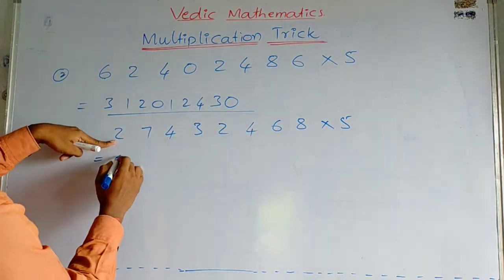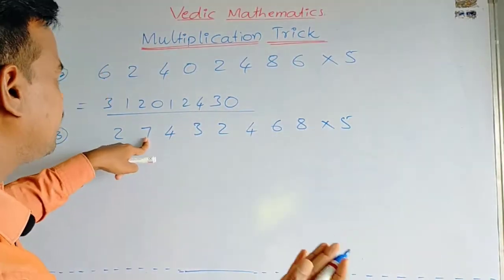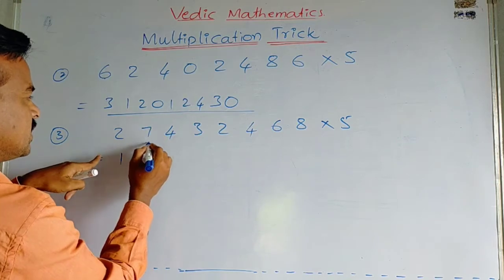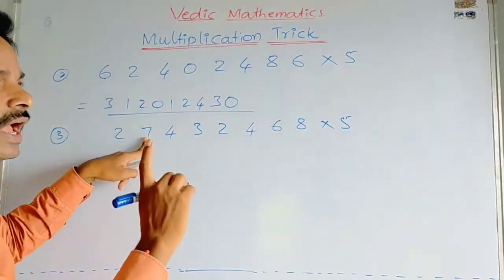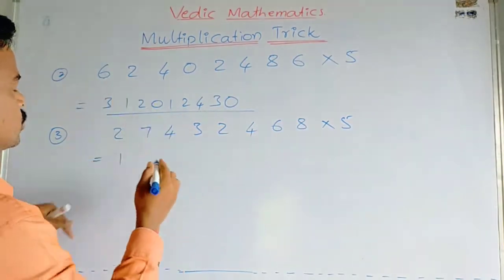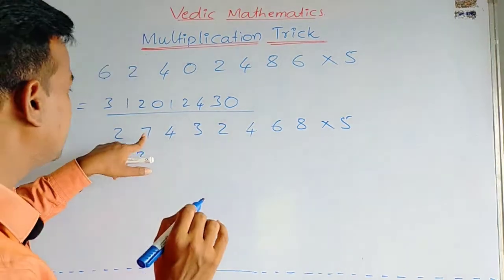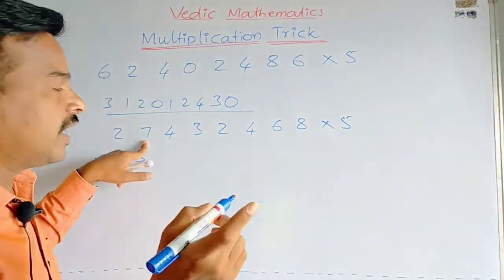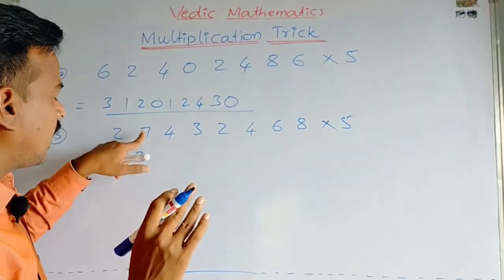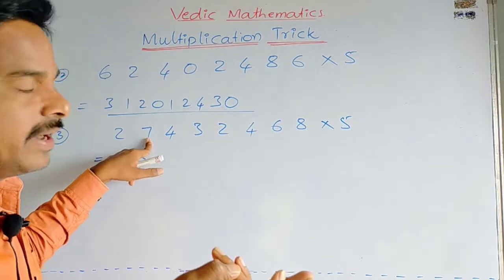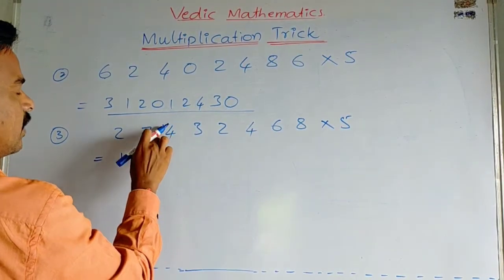So half of 2 is 1, half of 7 is actually 3.5, but 3.5 we don't write. If we divide 7 by 2 we get 3 as the quotient, so that 3 we should write. You don't write 0.5, and then the remainder is 1. The remainder goes to the right side. That means 14.